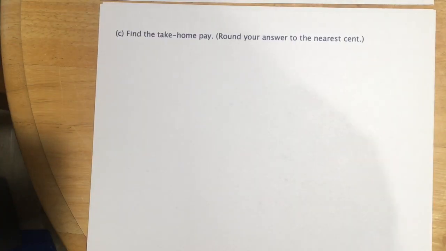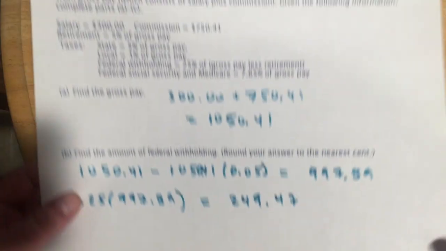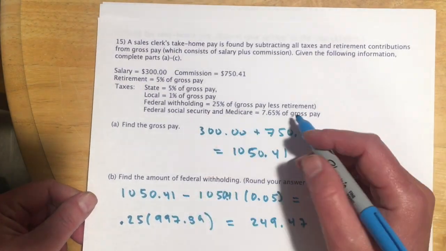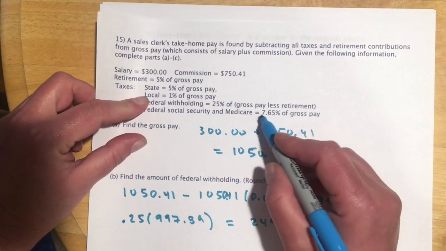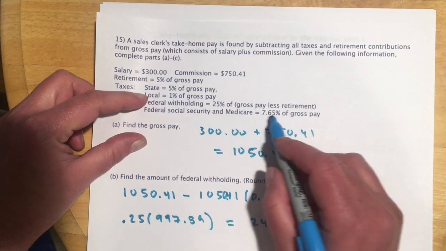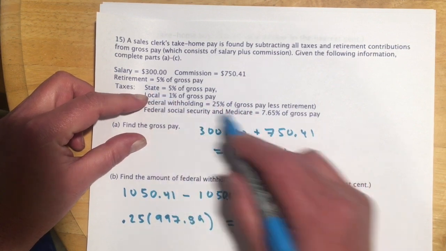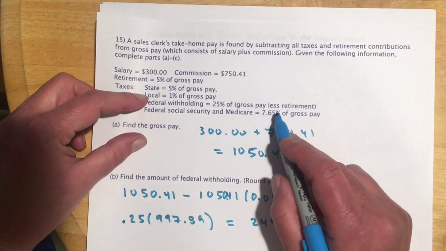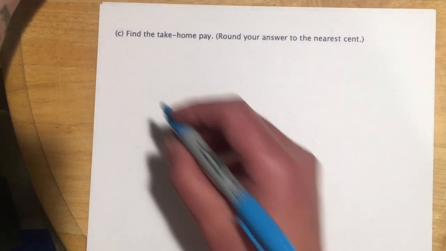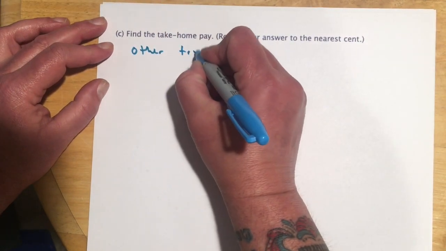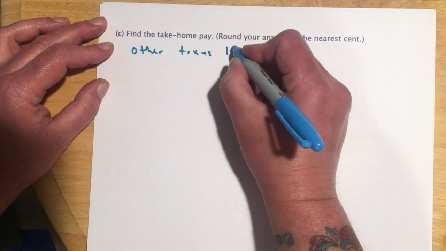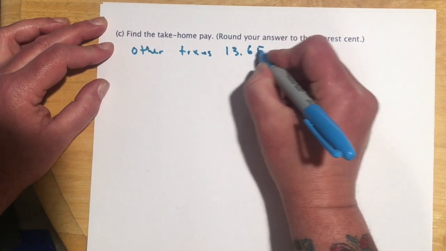Okay, part C is find the take-home pay. So going back here, if I add up all the other taxes, the state, local, and then Social Security and Medicare, and put all that together, that'd be 13.65%.